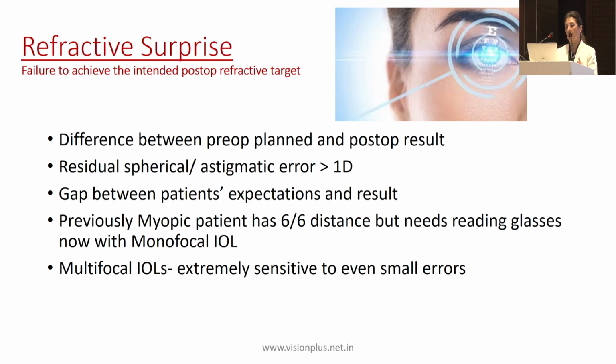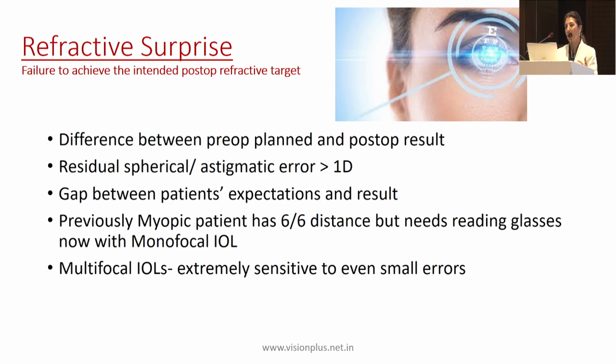The problem is that there becomes a gap between the patient's expectations and the result. Even a previously myopic patient whom you've counseled, who's gone for a monofocal lens and is 6/6, you think you've done an excellent job. The patient is very unhappy the next day because he can't look at his WhatsApp without his glasses, which he was used to earlier.